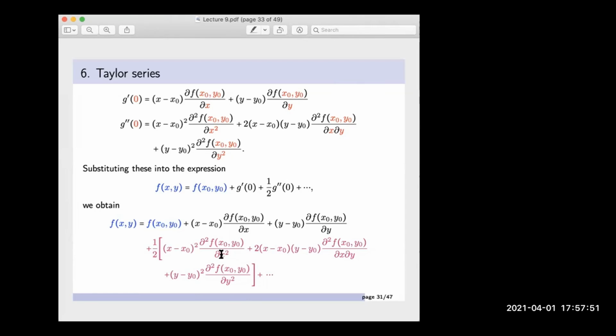Basically, if you take a second-order derivative in x, you need to multiply this by x squared. If you take a mixed second-order partial derivative, if you take one derivative in y, you need to multiply this by the change of y. If you take a derivative in x, you need to multiply this by the change of x.